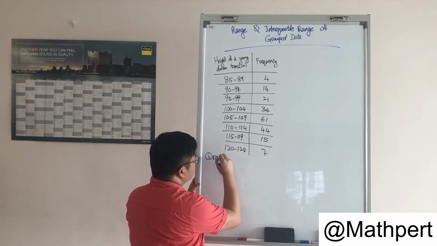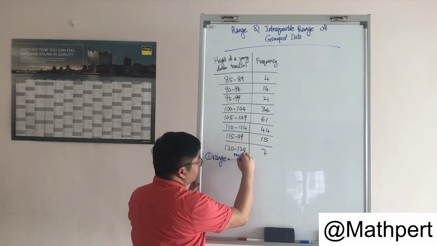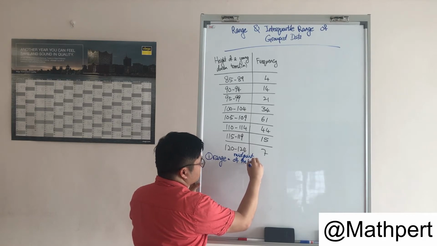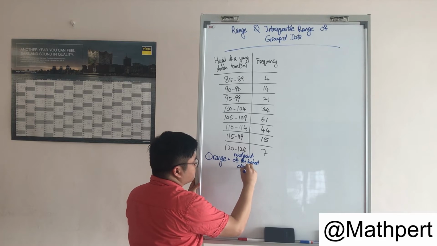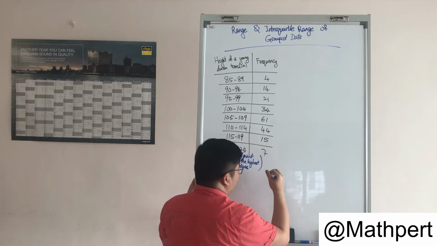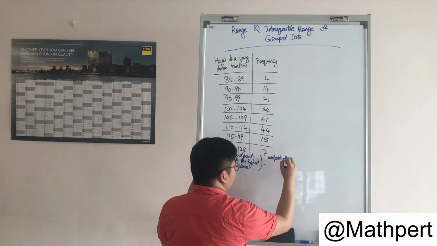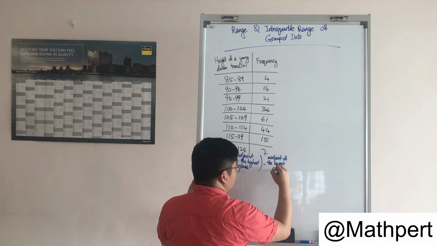Range is equal to the midpoint of the highest class minus the midpoint of the lowest class, since this is group data.